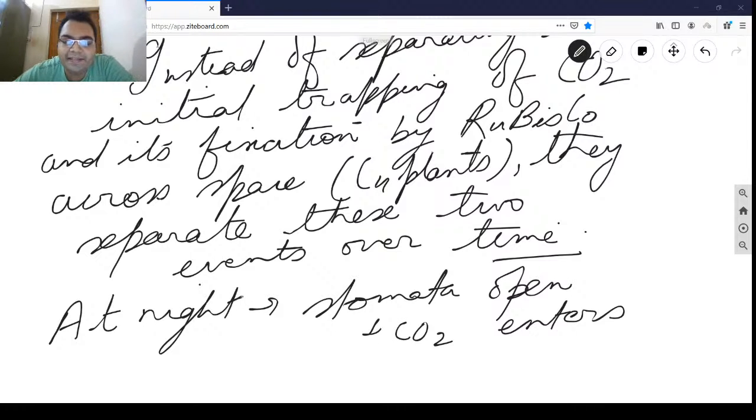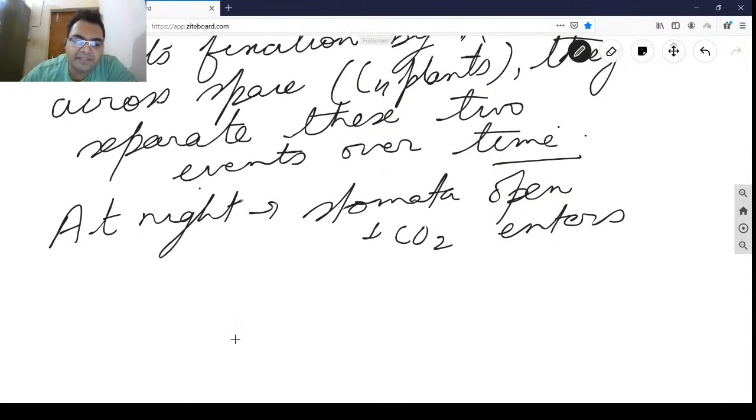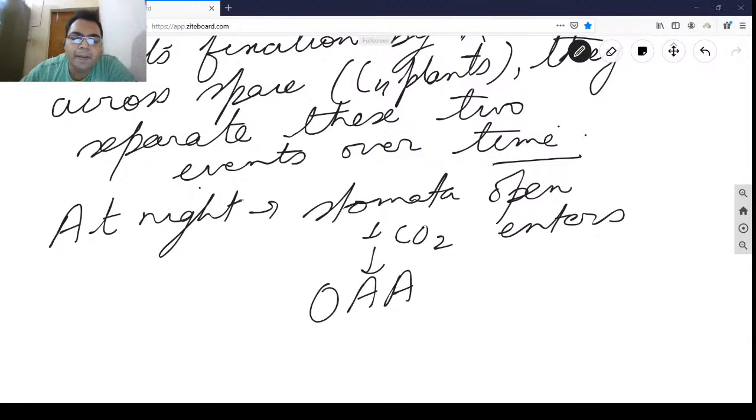When CO2 enters, it is fixed into oxaloacetate by the same enzyme, PEP carboxylase. But the oxaloacetate is then reduced to malate, the same reaction as we saw in the C4 cycle. But now the difference comes in. Now the malate is stored in the vacuoles.